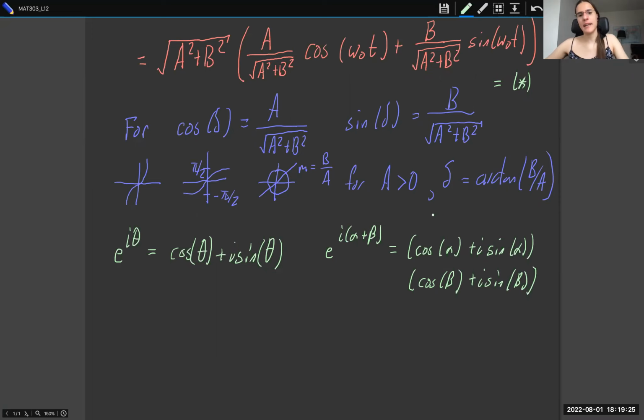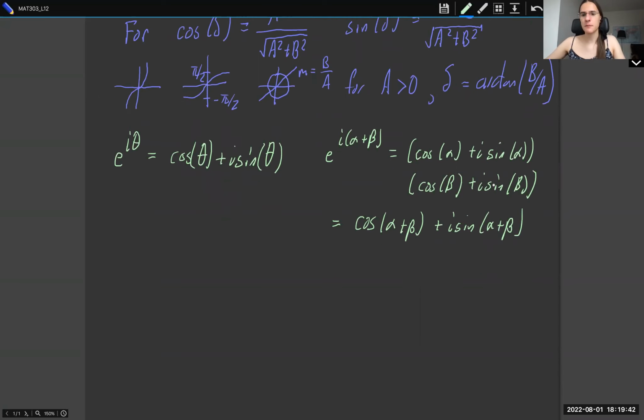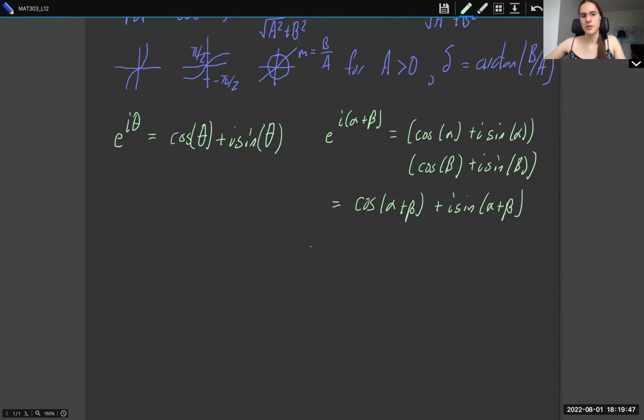So what happens then is that this is also equal to cosine of alpha plus beta plus i sine alpha plus beta. So if you equate real parts, then when you multiply the two sines together, the i squared gives a minus 1. So that implies that cosine of alpha plus beta actually introduces a minus sign on the sine cross terms.